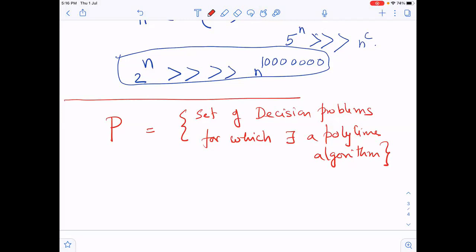For other people working with smaller things, anything worse than quadratic is bad, and so on. But everybody in computer science accepts that this concept of P is important.